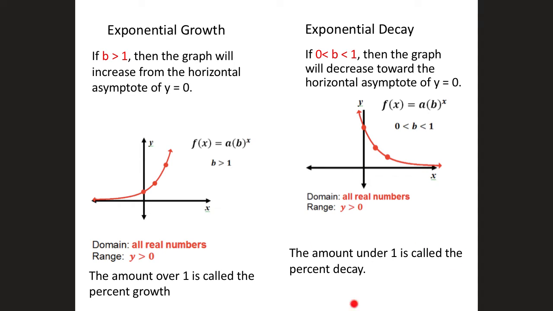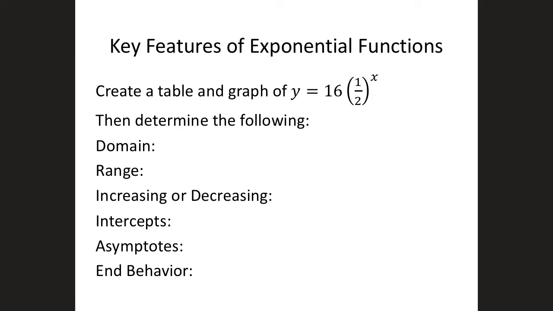However much under 1 we call this the percent decay. So it's always in comparison to 1. If we are over 1, we call that the percent growth, and if we are under 1, we call that percentage the percent decay.